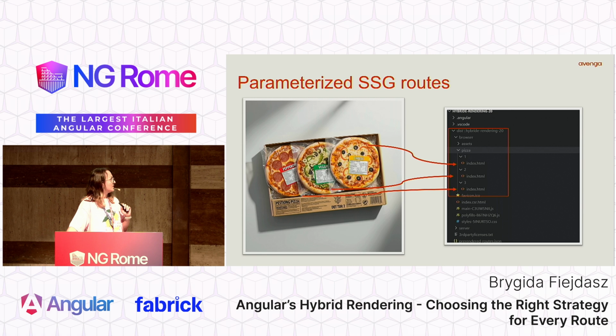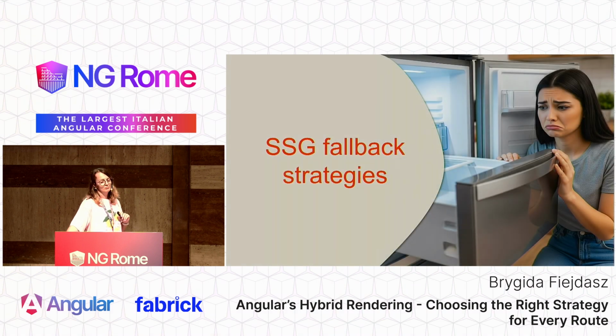Okay, so the last one, SSG fallback strategies. So this is the moment when we open the freezer, look there and it's like, oh no, I don't have my frozen pizza. Why? My favorite.